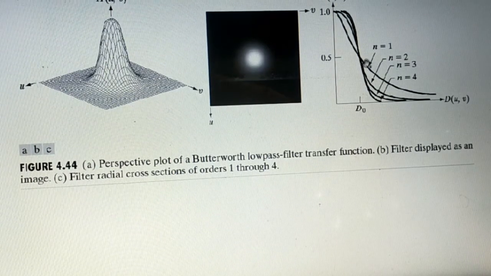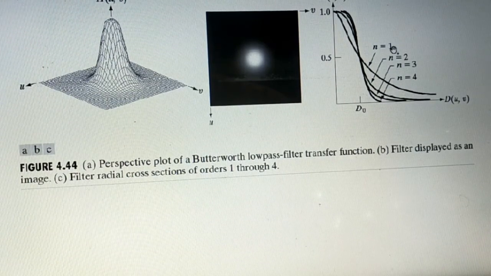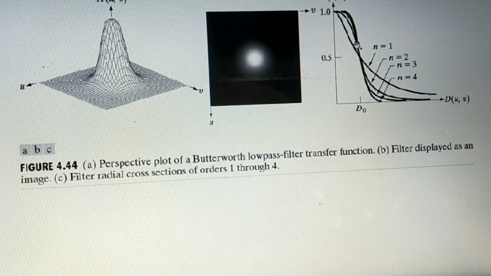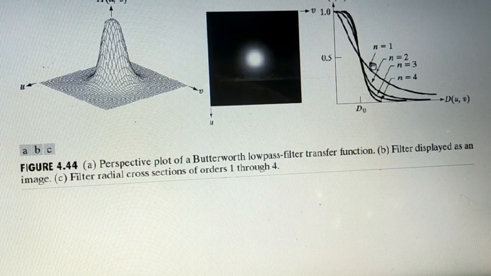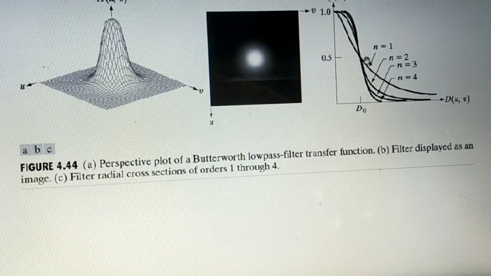In addition to it, for every value of n, the transition of the gain with frequency is changing. As you can see, when small n is equal to 1, the fall in gain is very slow. Whereas when n is equal to 4, the gain is at a certain value and then decreases sharply.